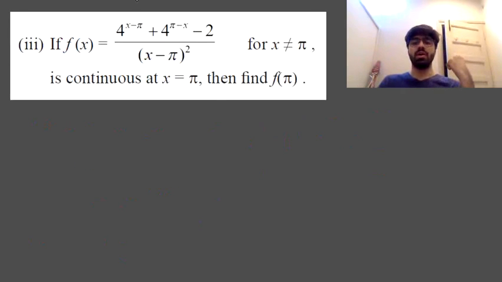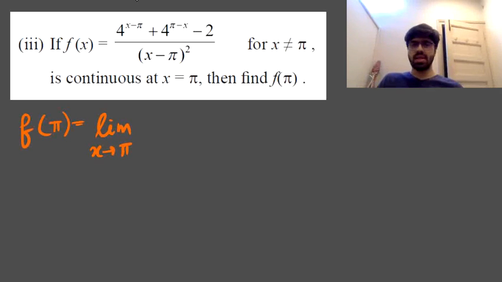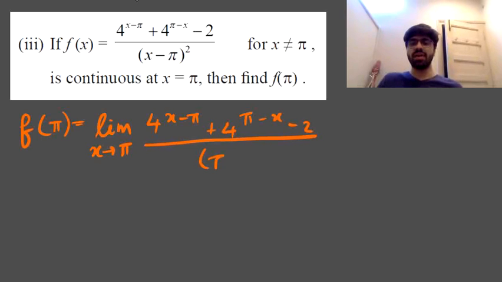Going ahead with the third one, we are given f of x, and again in a similar way they are saying that the function is continuous at x equal to pi. So we need to find f of pi. F of pi will be limit of x tends to pi, and f of x is 4 power x minus pi plus 4 power pi minus x minus 2, the whole divided by x minus pi, the whole square.